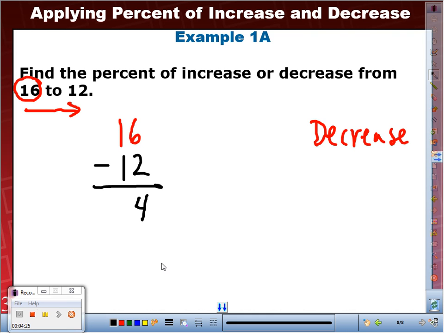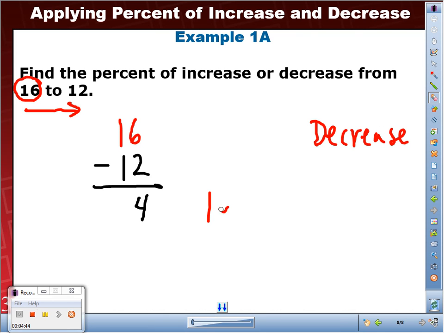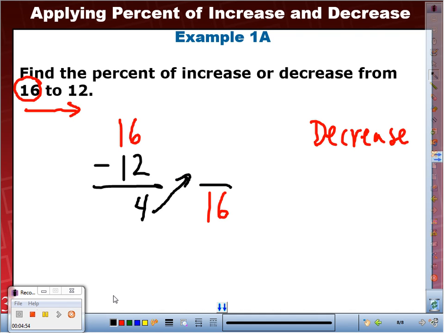Once we find this, now I take the original amount. What was the original again? 16. That goes on the denominator, and I write this in the numerator. Are we there so far?